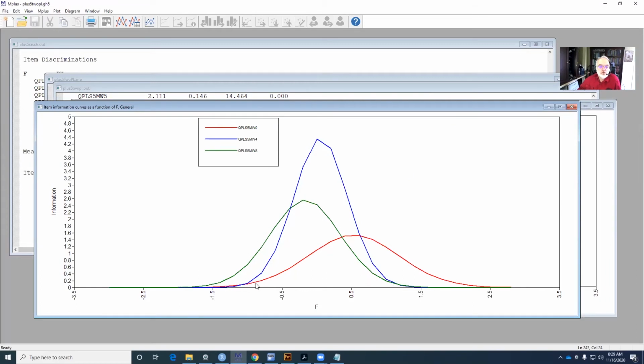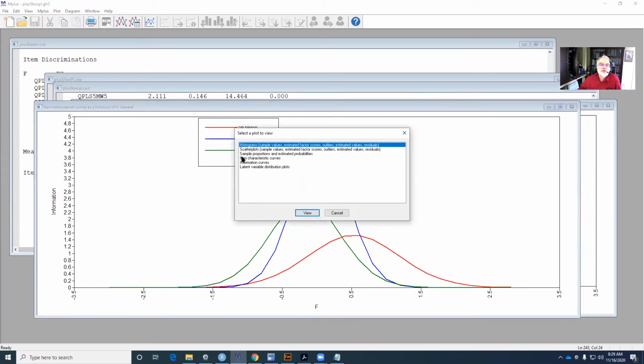And the wave 0 distribution is providing some discrimination information about values that are above the average, or above 0, on the latent response variable. And that's information, so to speak, about how each individual item in your survey is performing.